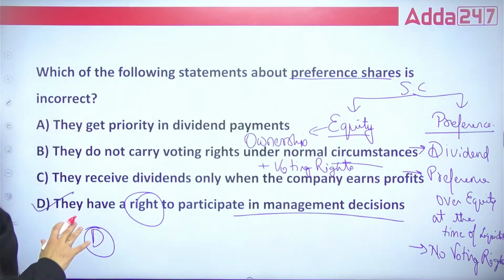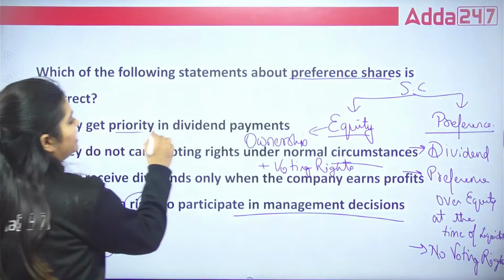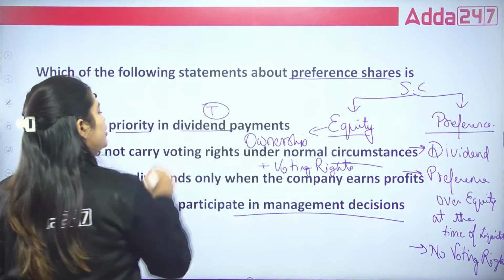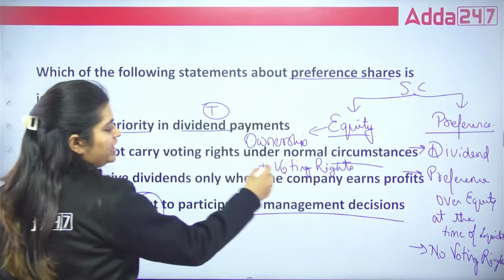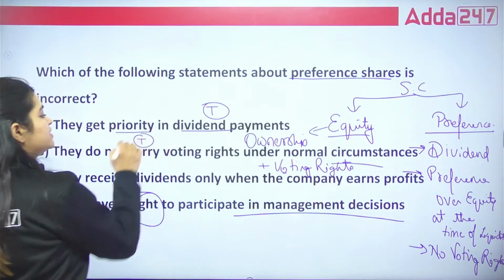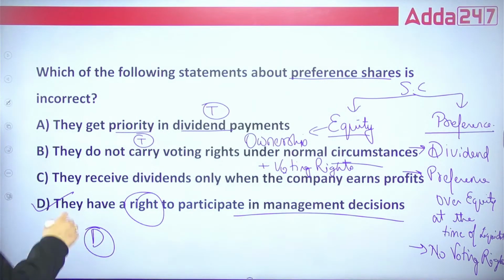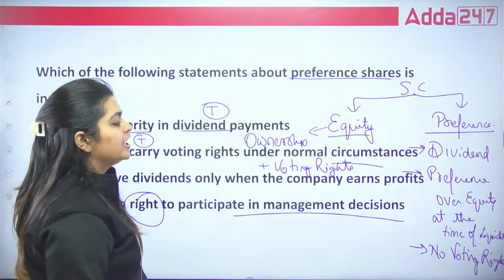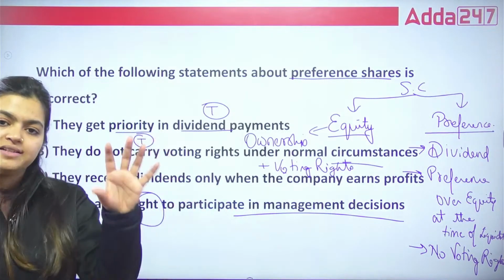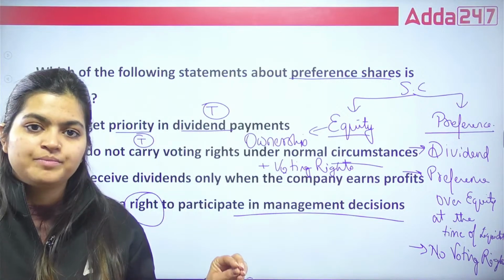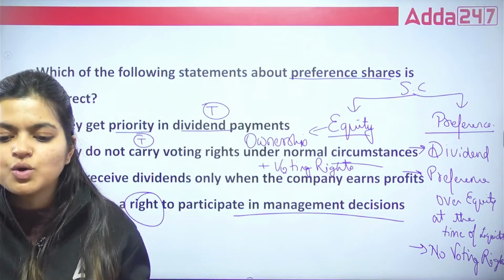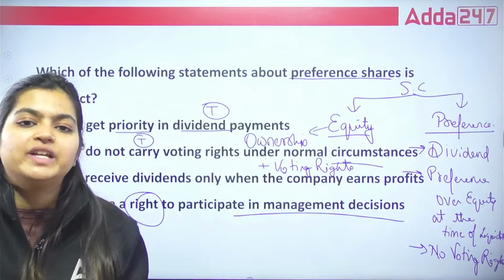See, why first statement is true? Because they get the priority in dividend payments. Yes, that is true. They do not carry voting rights. Yes, they are not going to receive. This statement is again true. Then they receive dividends only when the company earns profit. So yes, that is again true statement. If company is making losses, so how come you can receive dividend?